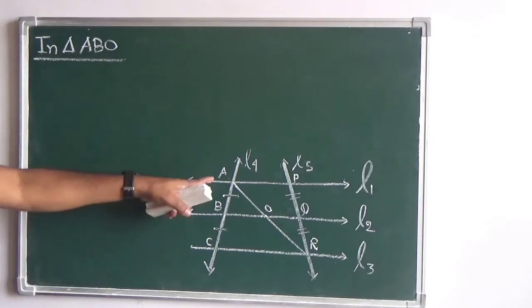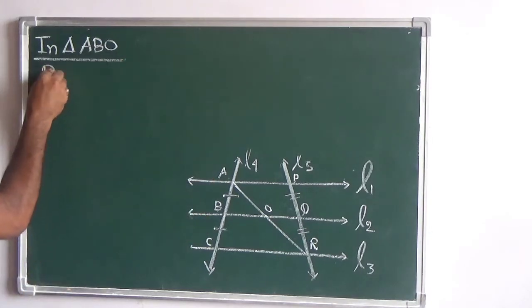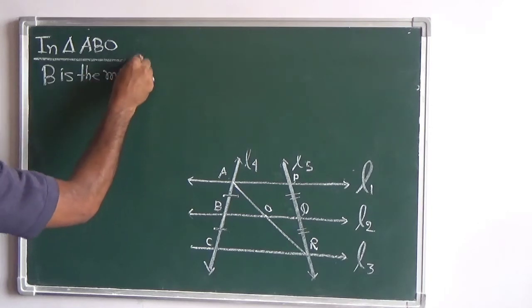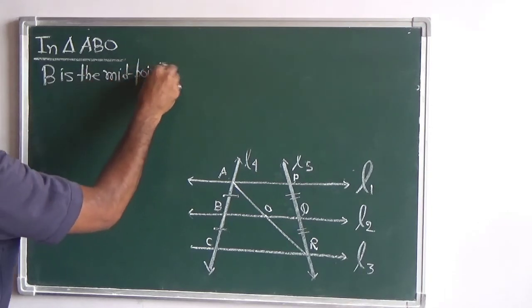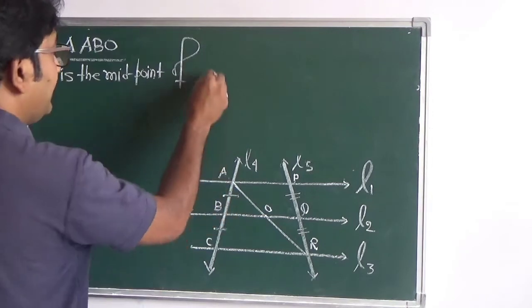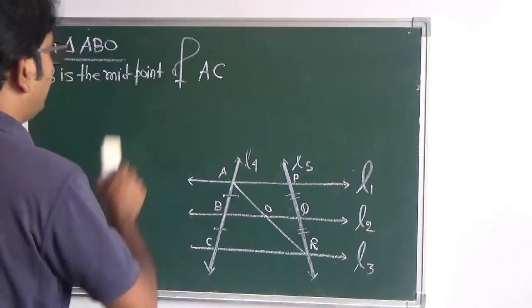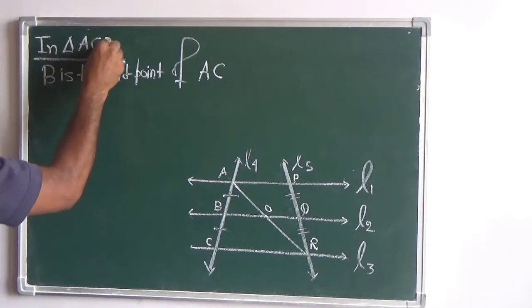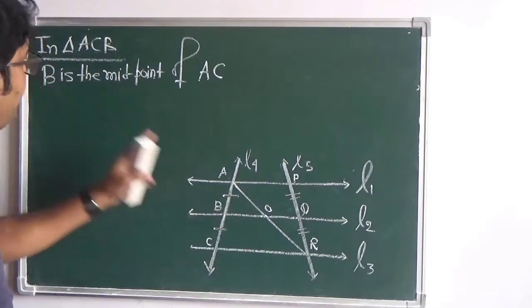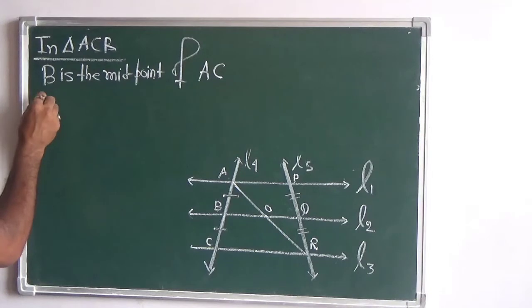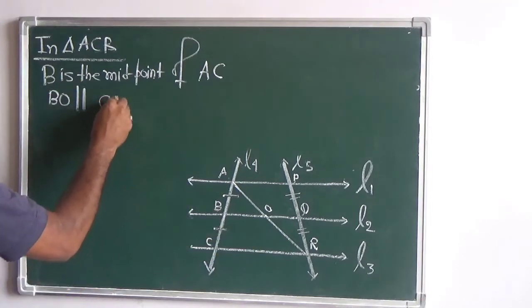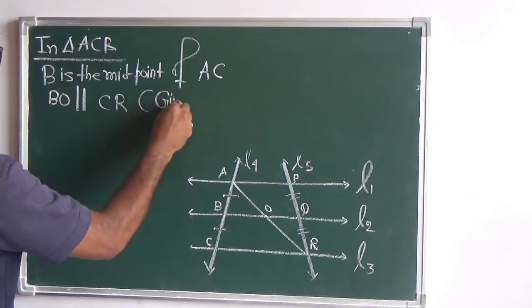We know that AB equals BC, so B is the midpoint of AC. In triangle ACR, B is the midpoint of AC, and BO is parallel to CR, which is given.